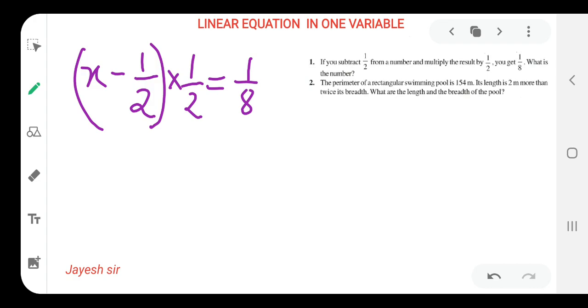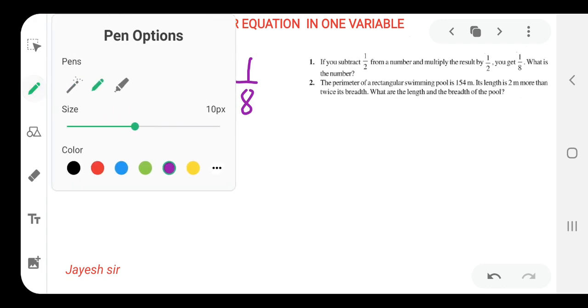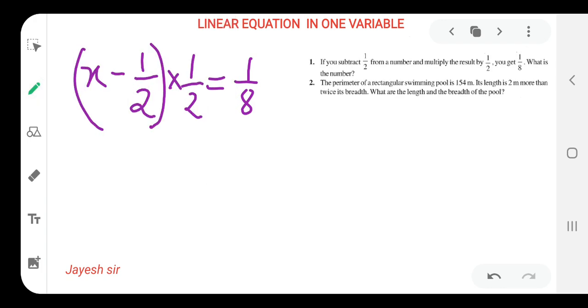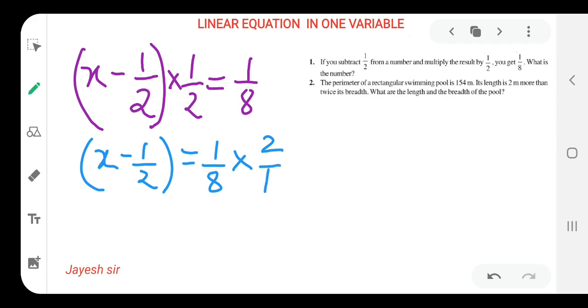Now, x minus 1 by 2 is in brackets and multiplied by 1 by 2. This 1 by 2, if we take it to the other side of the equals to, then by transposition theorem x minus 1 by 2 stays as it is, and it will become 2 by 1, because we have to take the reciprocal after the value of 1 by 2 goes to that side.